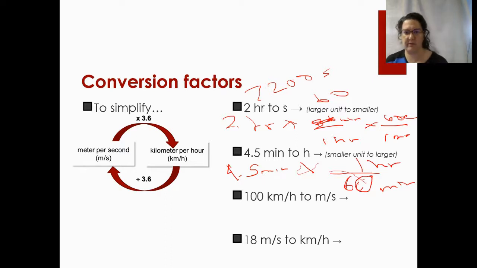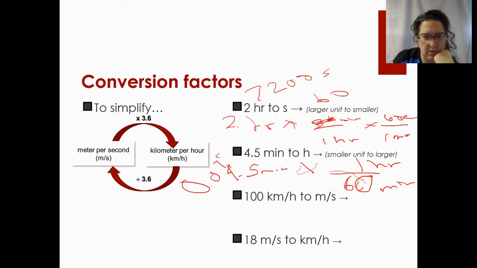So we end up with 0.075 hours. Okay, now 100 kilometers an hour to meters per second.